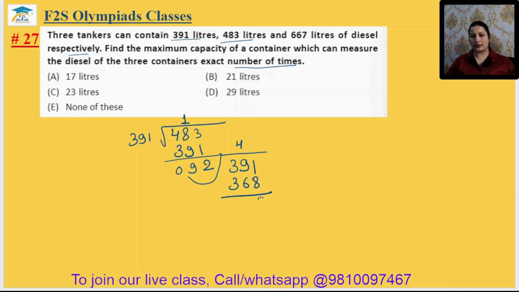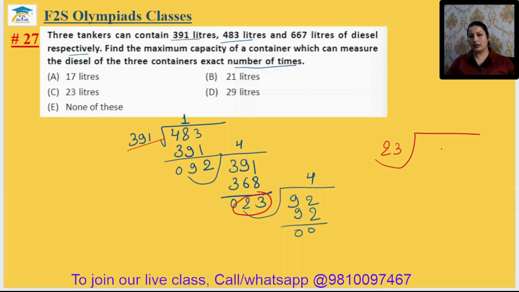Now 11 minus 8, 3. 8 minus 6, 2, 0. 9, 2. Okay, now 4 23s are 92, 0. So 23 is the HCF between 483 and 391. Now check with 23 and 667. 2 3s are 6, 2 2s are 4.